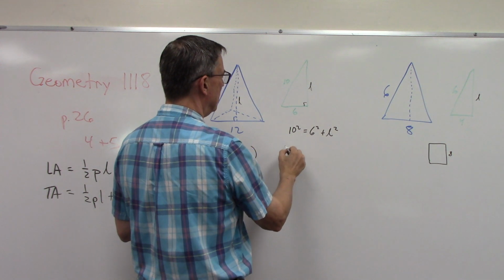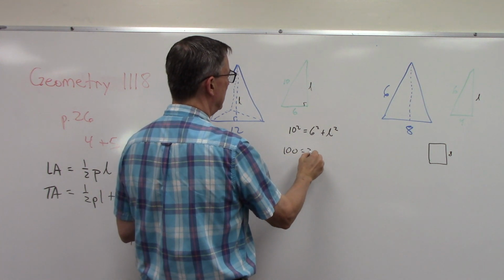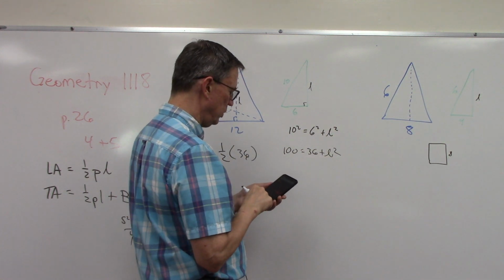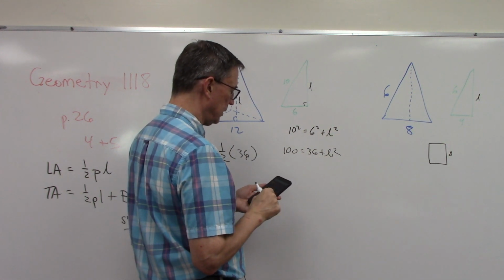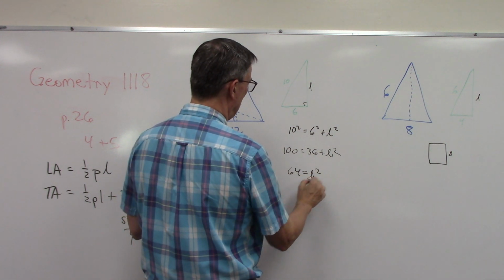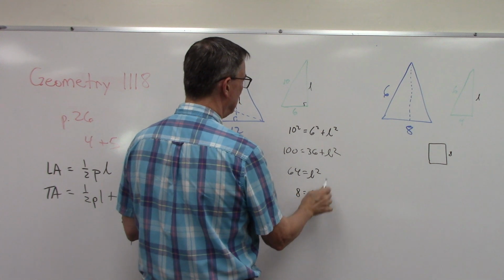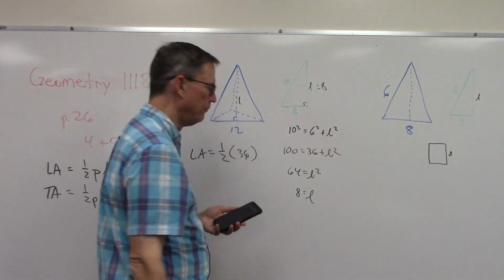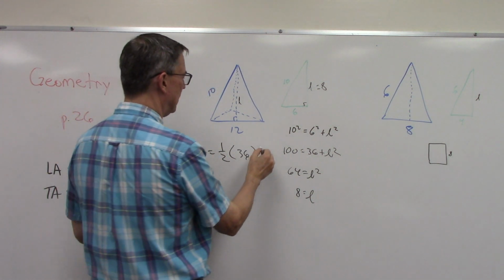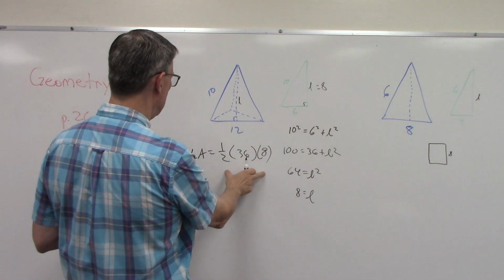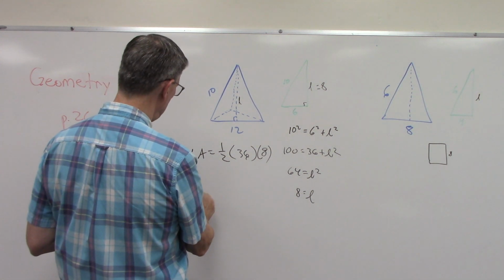So we get 100 equals 36 plus L squared. So 100 minus 36 is 64. So that's easy. That means the lateral height is 8. So once we know that, ta-da, we can plug that in right here. Okay, I'm going to let you finish the work for that.